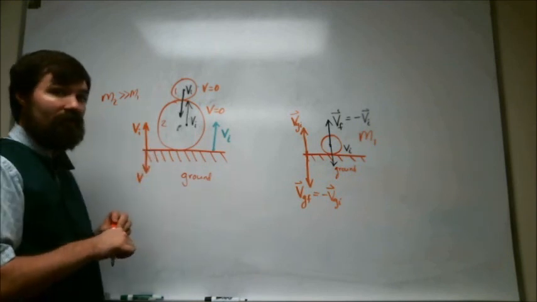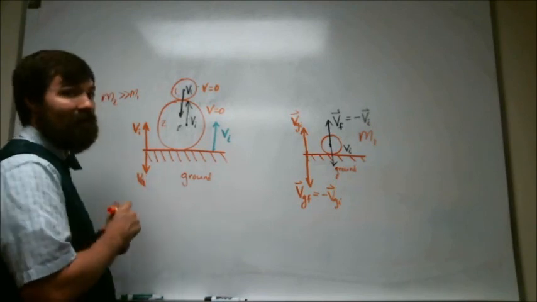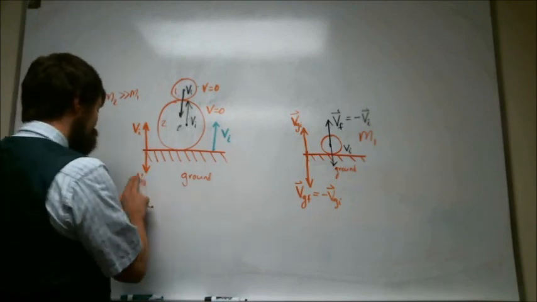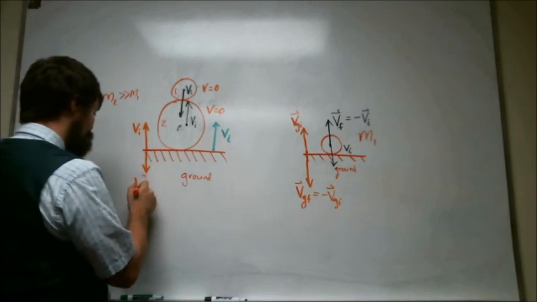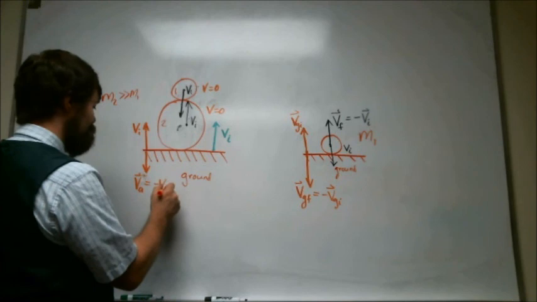I'm going to call this V after impact. So I'm going to call it V sub A for after impact. And V sub A is just basically negative of V initial.